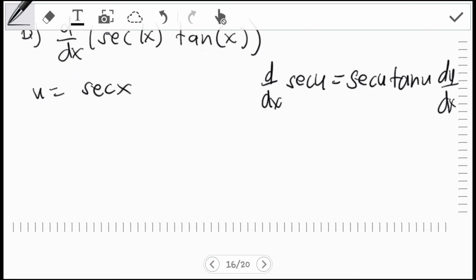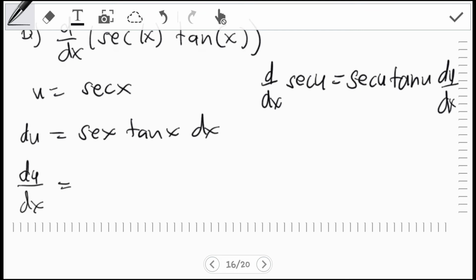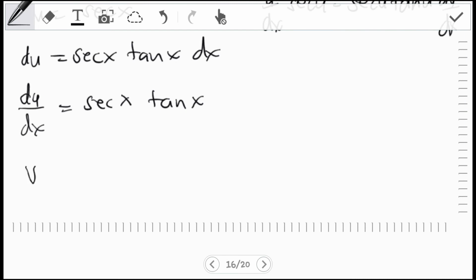Okay, so therefore du over dx is equal to secant x tan x. So another is v equals tan x.